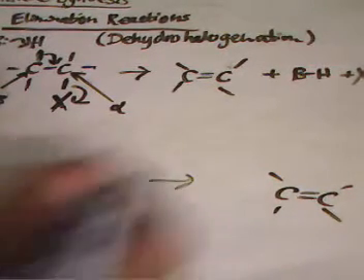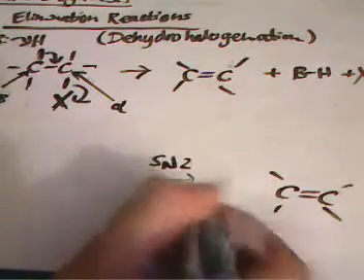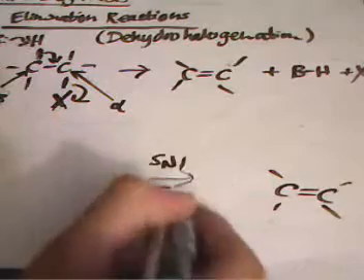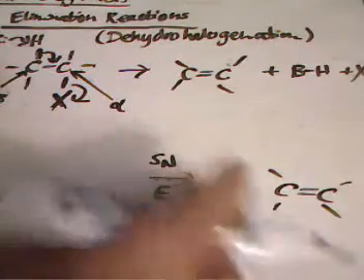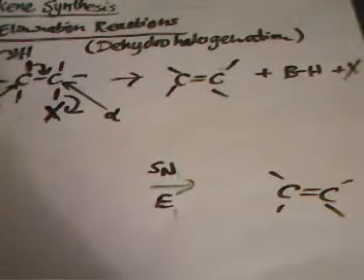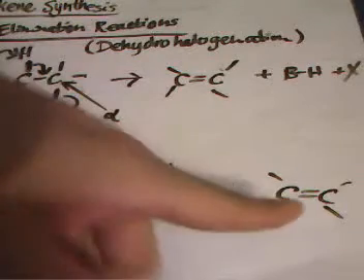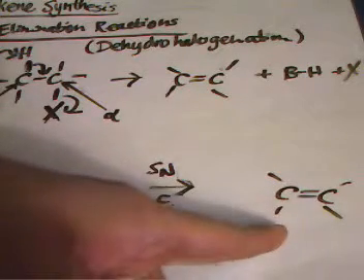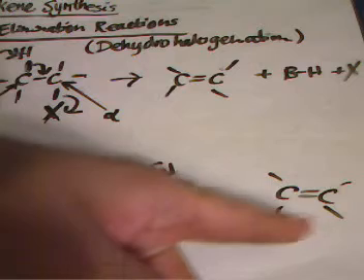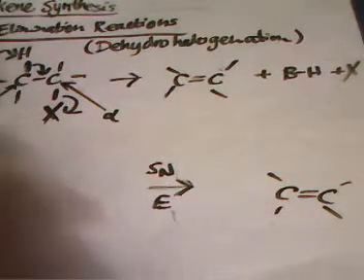Because, as we just said, SN2 competes with E2, and SN1 competes with E1. SN and E are competing reactions. So depending on the product we need, how can we ensure that we get the elimination product in a higher yield, and how can we prevent the substitution product from forming?